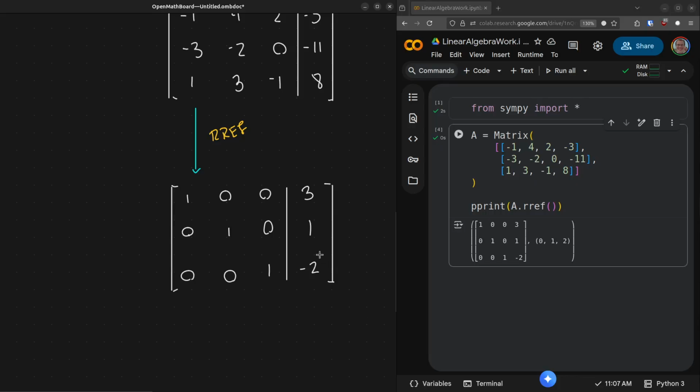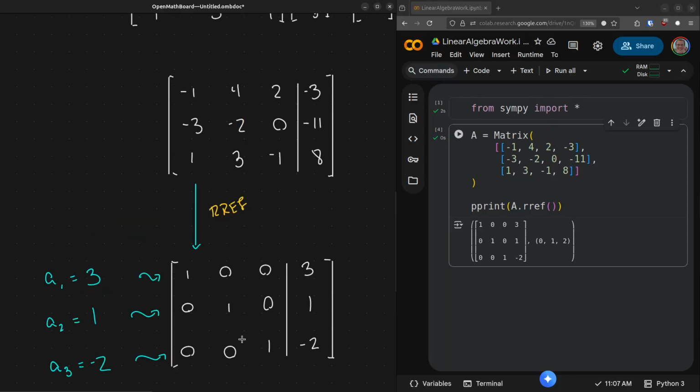Okay? And so from the first equation here, we could see that A1 has to be 3. From the second row here, the equation becomes 1A2 equals 1. And the last row gives me my last variable. 1A3 has to be equal to negative 2.